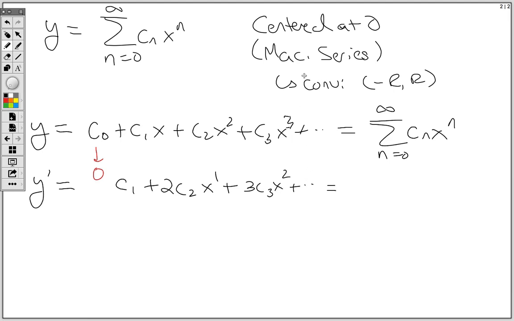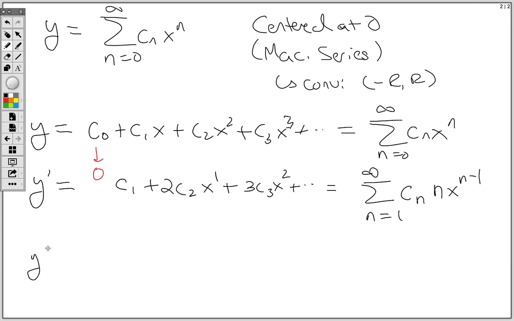And so when you're within the interval of convergence, we have absolute convergence, and so we can take derivatives like this term by term. The cn's are constants. We distribute the derivative through the summation. We get n x to the n minus 1, and the first term has dropped off, so the counter now starts at 1 instead of 0.